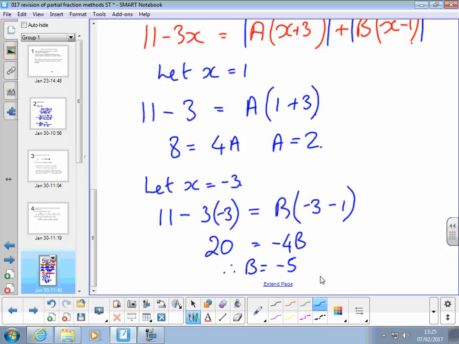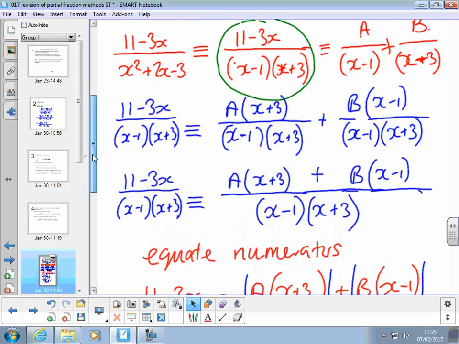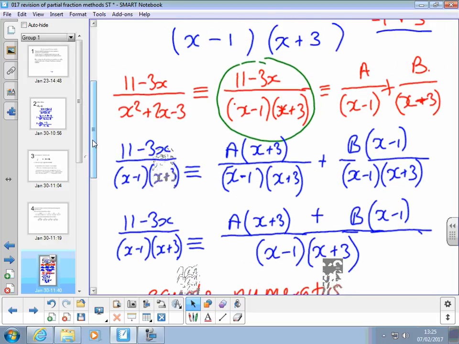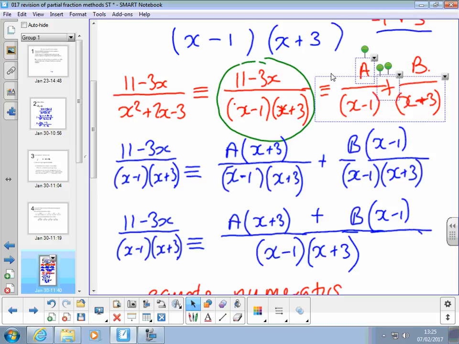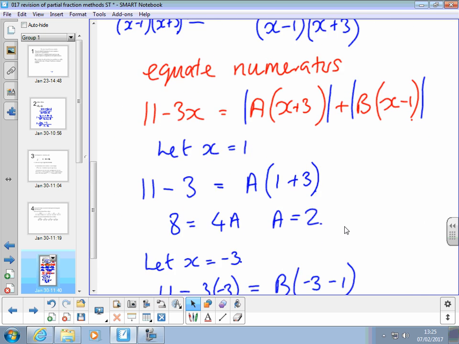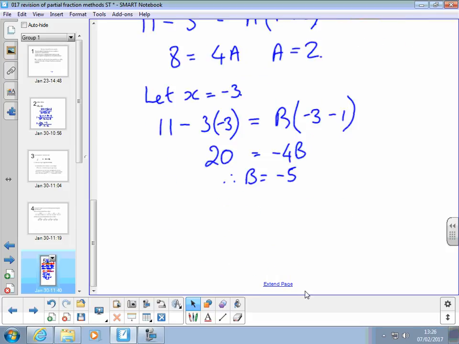All right, so we've got values: A is equal to 2, B is equal to minus 5. We then go back and put them into that. I'll write it out again, I think. A is 2, B is minus 5.